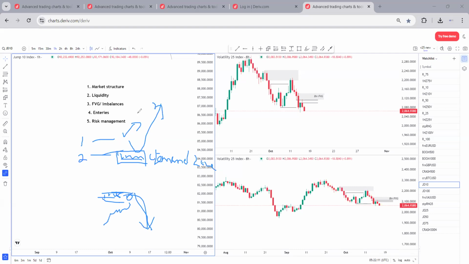So we call them key zones. Some people call it point of interest. Some people call it area of value, and the rest.